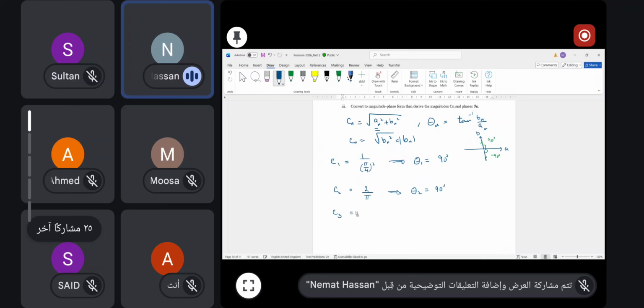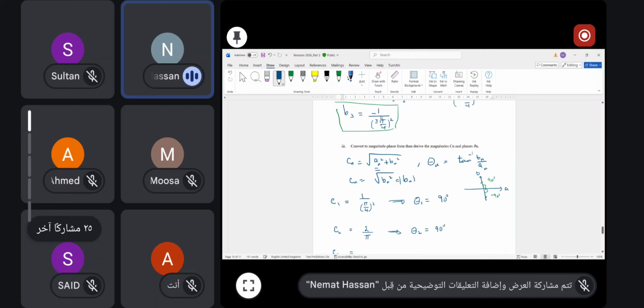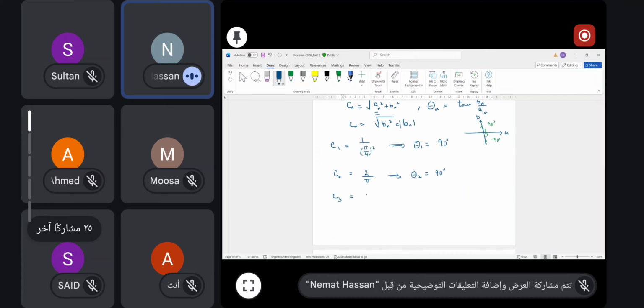C3 is equal to the magnitude of B3. B3 was minus 1 over 3 pi over 4 squared, which means it will be 1 over 3 pi over 4 squared. But theta 3 will be minus 90 degrees, because B was negative. Clear?